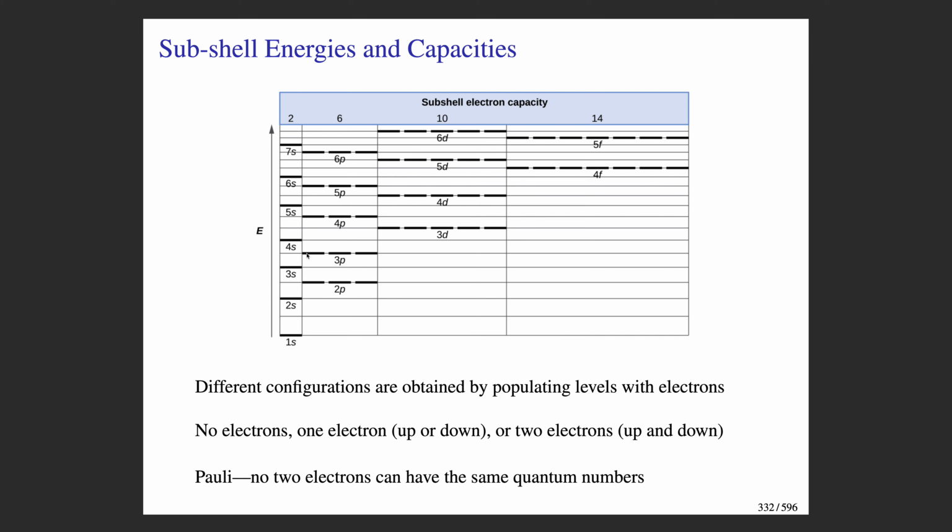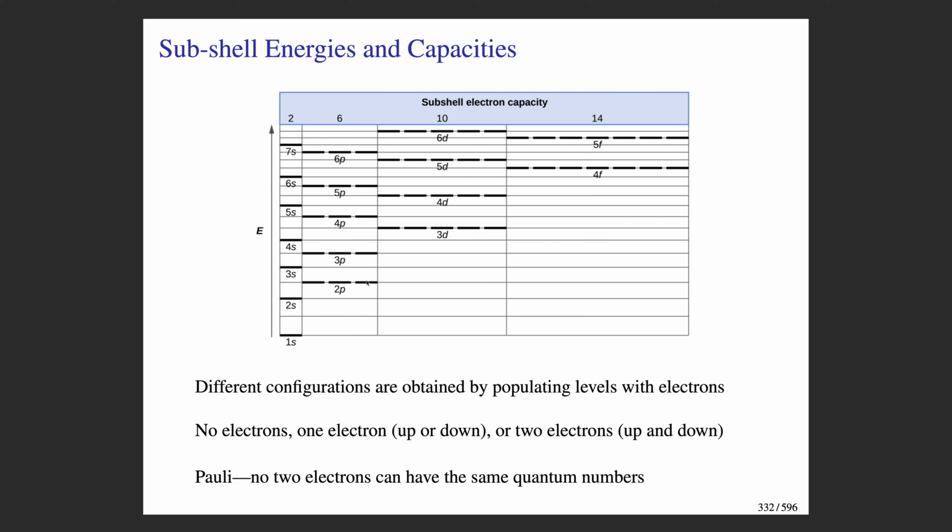At higher energy, we have the 3 3p orbitals, then the 4s orbital, then the 3d orbitals, then the 4p, then the 5s, 4d, 5p, 6s, etc., as you go up to higher and higher energies. Different electron configurations are obtained by populating these different atomic orbitals.